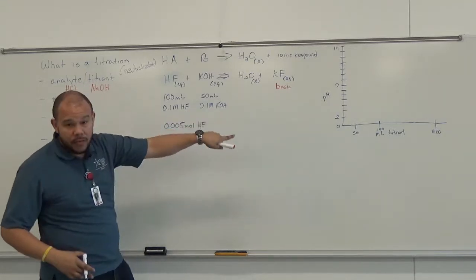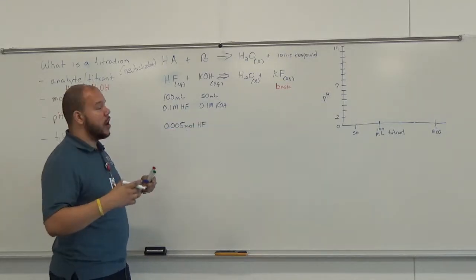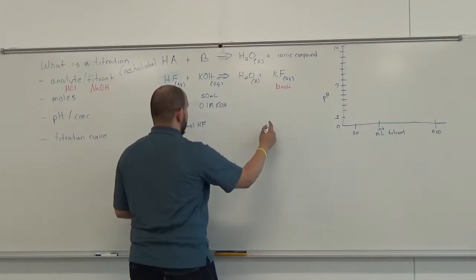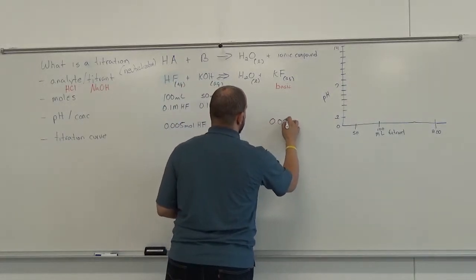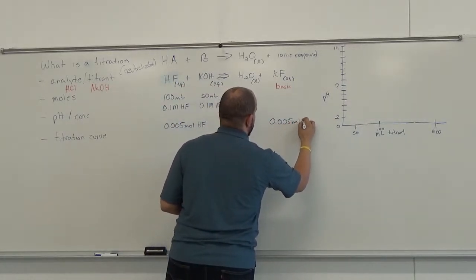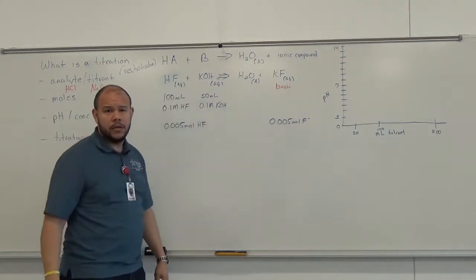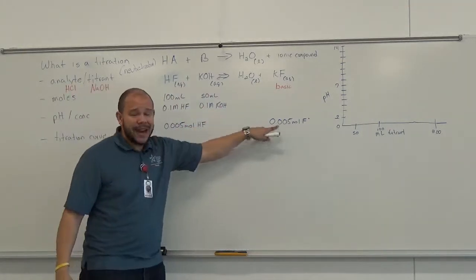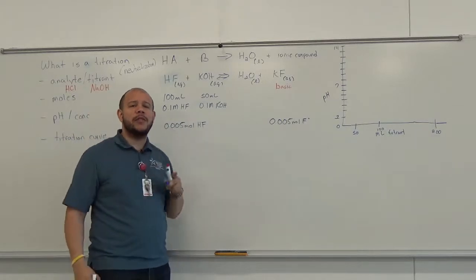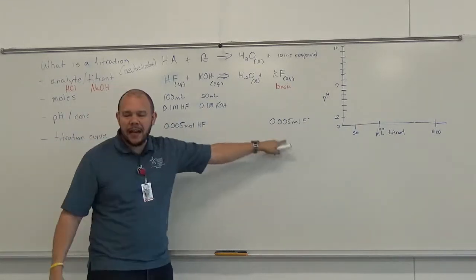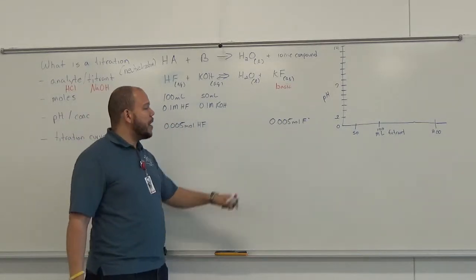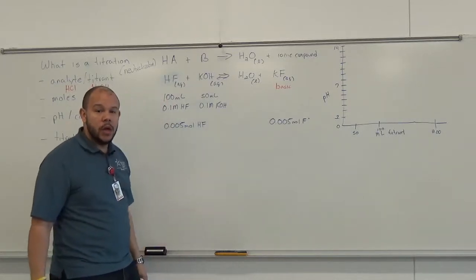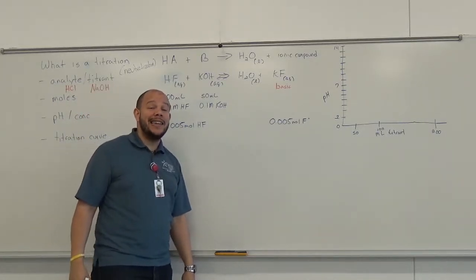We're going to be left with 0.005 moles of HF. Now, what does that also mean? If we remember our stoichiometric rules, we're also going to be creating 0.005 moles of F minus. If F minus and HF are both interacting with water to do acid and base reactions, we have to consider both of them when we're dealing with the idea of pH.